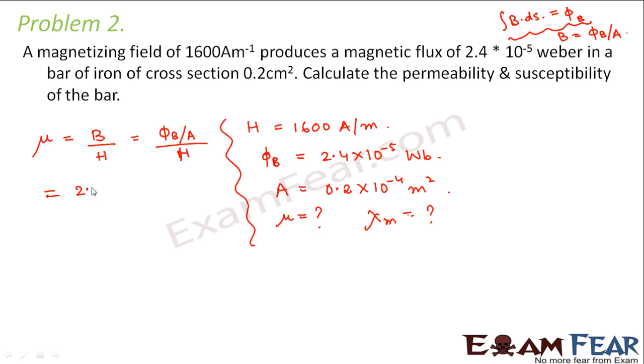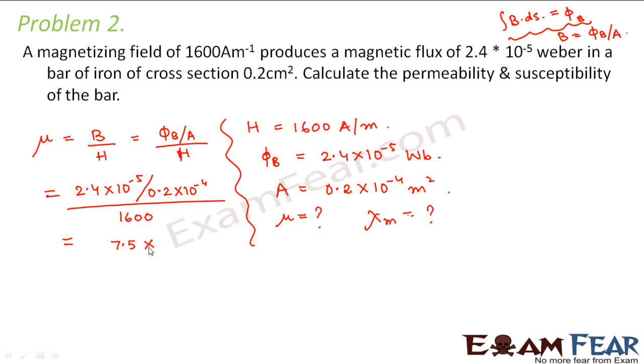Now phi B is 2.4 into 10 to the power minus 5 divided by area 0.2 into 10 to the power minus 4, divided by H which is 1600. This comes out to be 7.5 into 10 to the power minus 4 Tesla per ampere meter. This is the value of permeability.